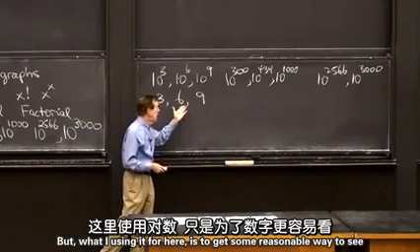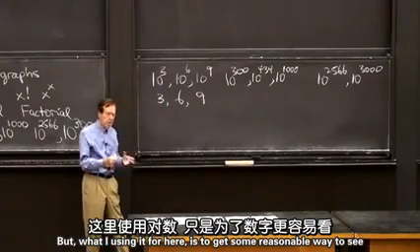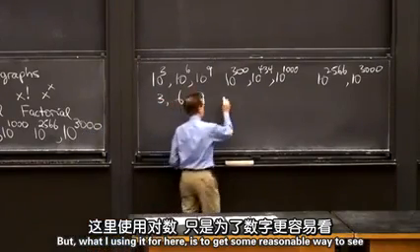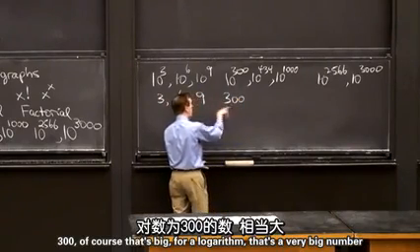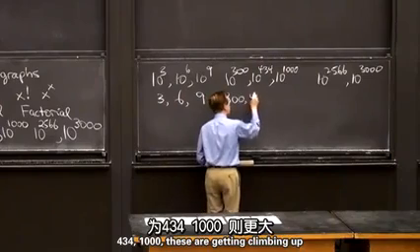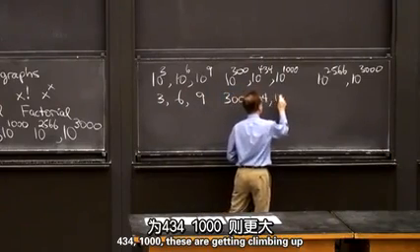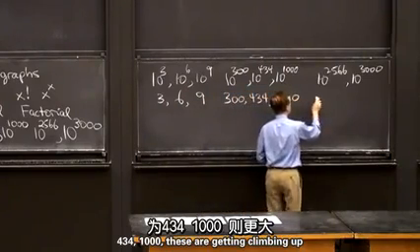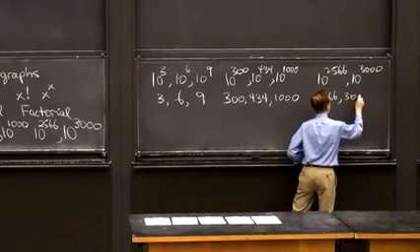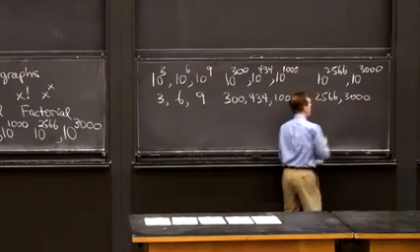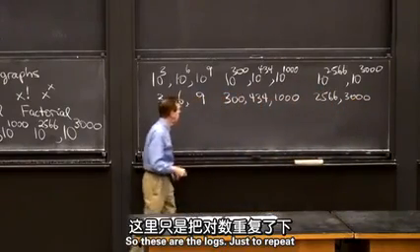But what I'm using it for here is to get some reasonable way to see 300. Of course, that's big. For a logarithm, that's a very big number. 434, 1,000, these are climbing up, 2,566, and 3,000. So these are the logs.